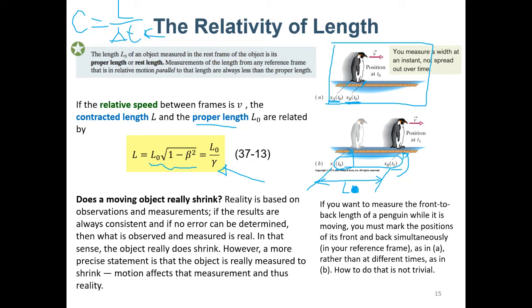So in A rather than at different times as in B. How to do that is not trivial because it is actually moving, at a speed v. You need to know the time, but you also know the speed here.